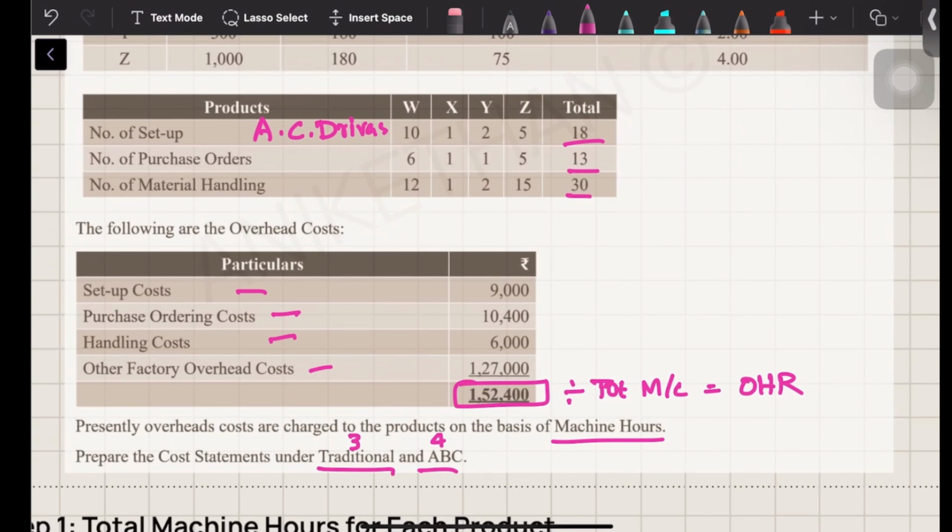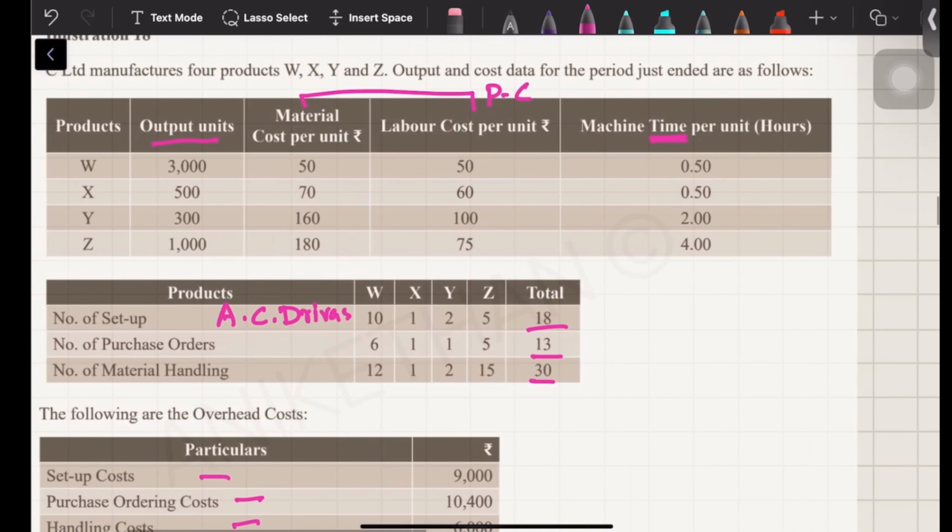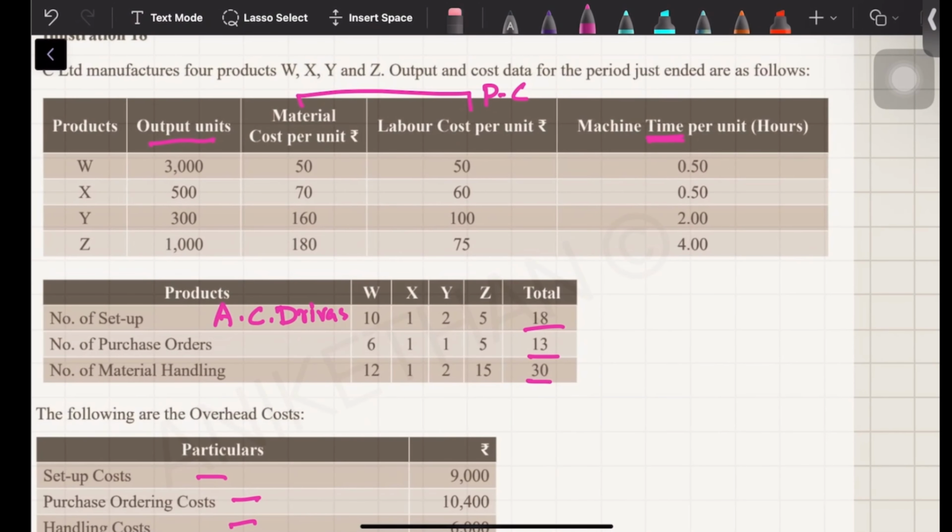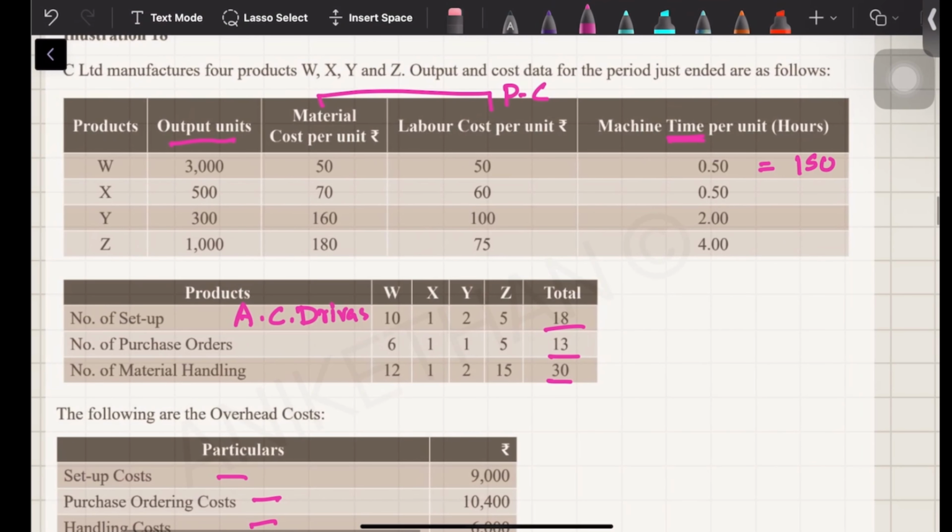So what is the total machine hour? I have output units, then I have time per unit. For W it will be 3000 into 0.5, 1500. For X it will be 250. For Y it will be 600.